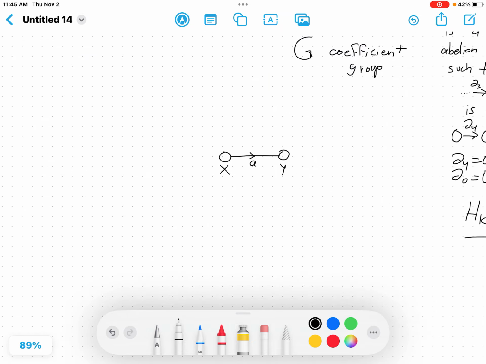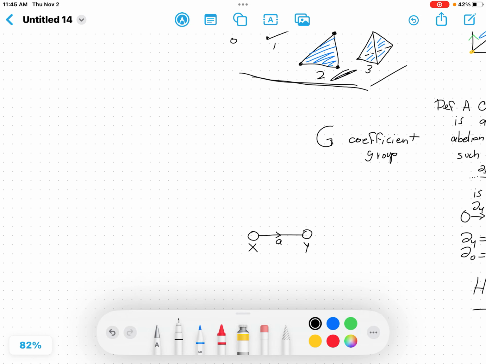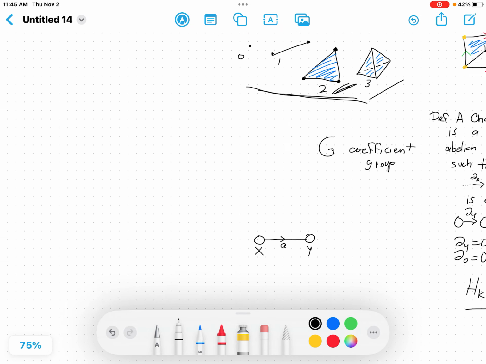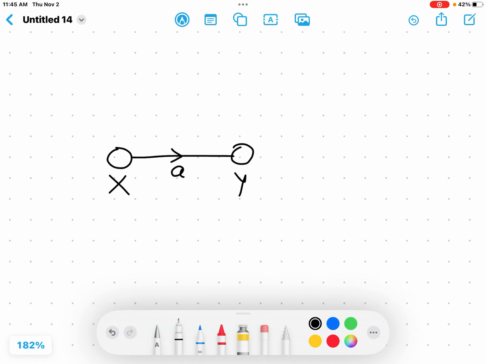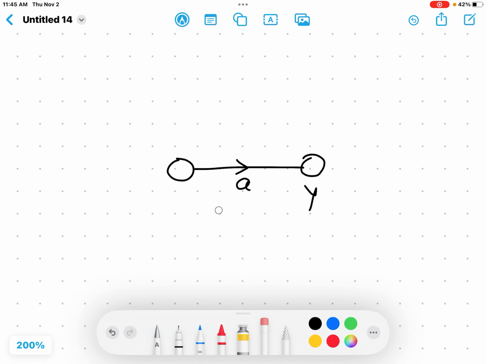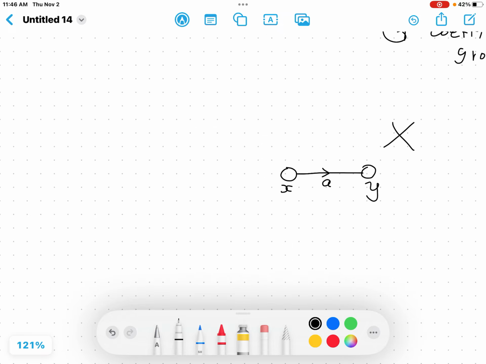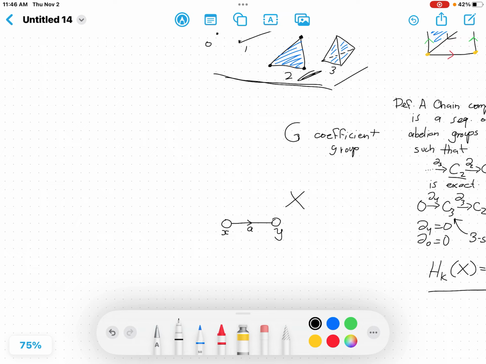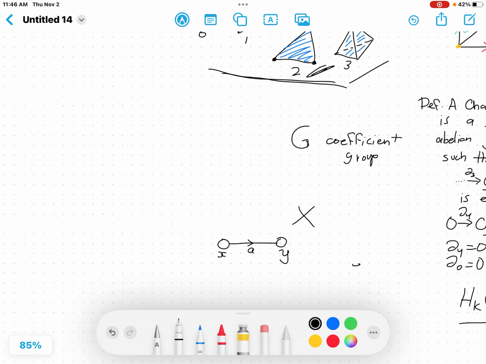All right, so let's first identify how many simplices we have in this graph or this space. I'm going to use small x and small y, and then this entire thing is our X. So what's our first homology? Notice that right off the bat, we only have a 1 simplex and 0 simplices.